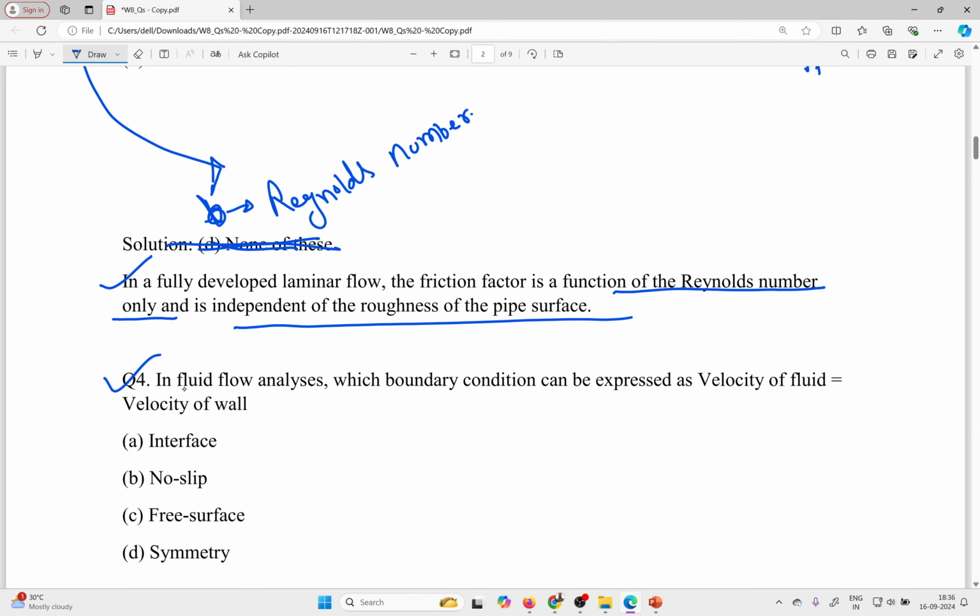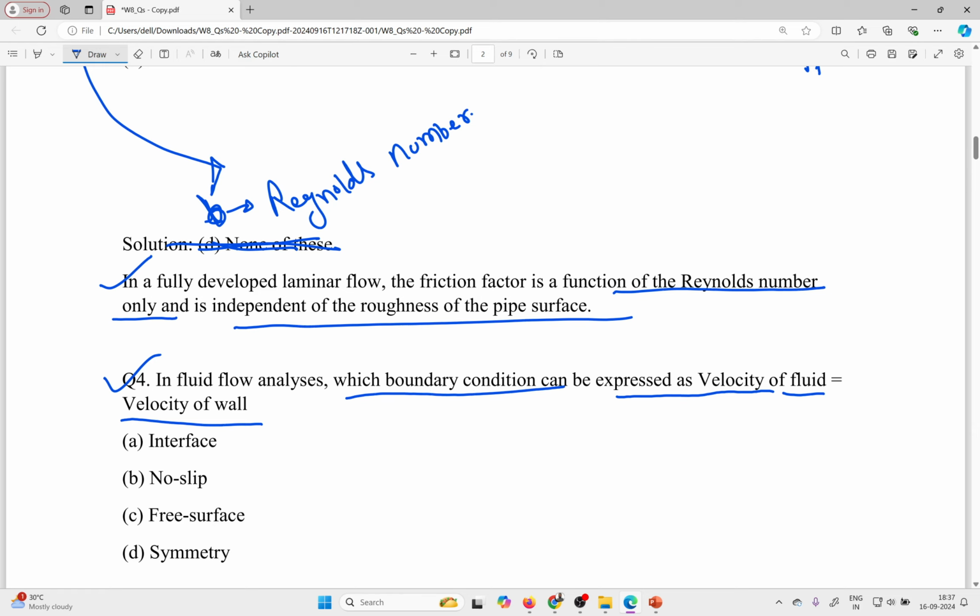Now moving ahead to the next question. Question number 4. In fluid flow analysis, which boundary condition can be expressed as velocity of fluid equal to velocity of wall? So which boundary condition do we take care of when we analyze the fluid flow, expressed in terms of velocity of fluid equal to the velocity of wall? A few minutes later I'll discuss.